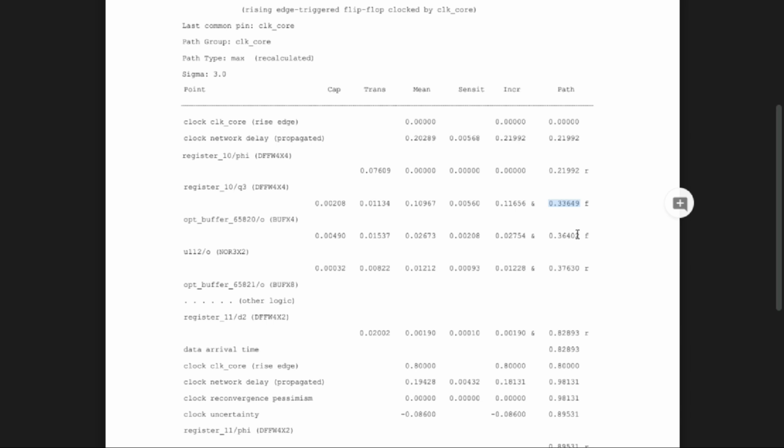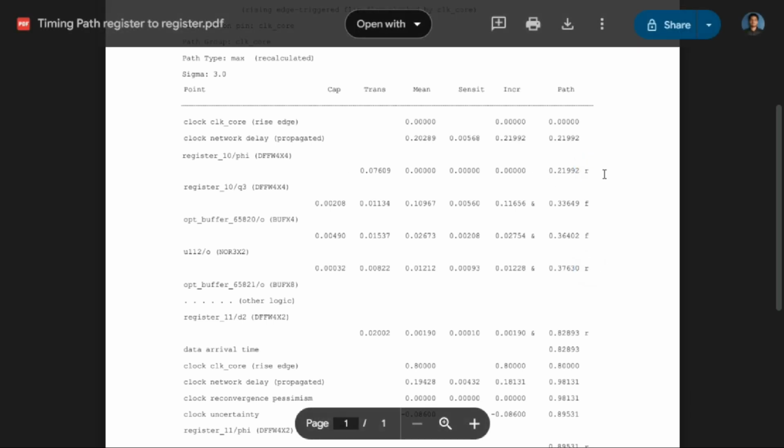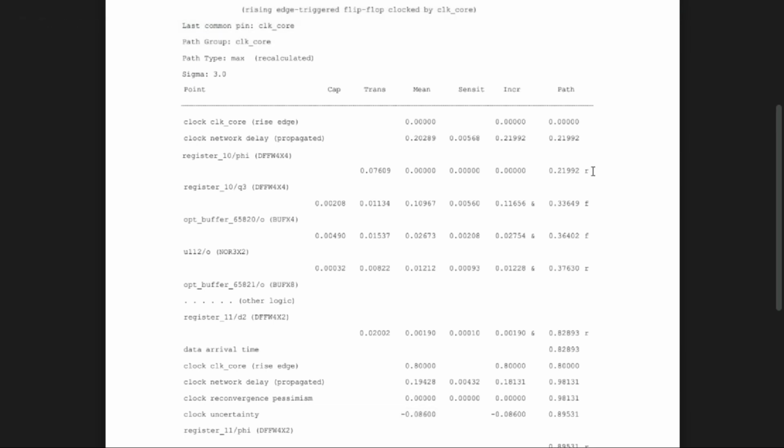And also you might be seeing that there is something called R and F present over here. This basically says where the signal is rising and where it is falling.